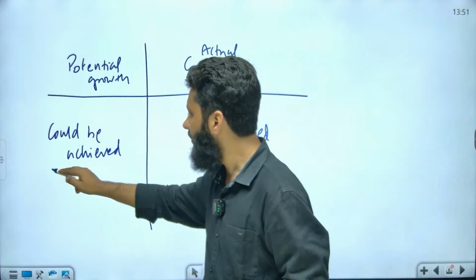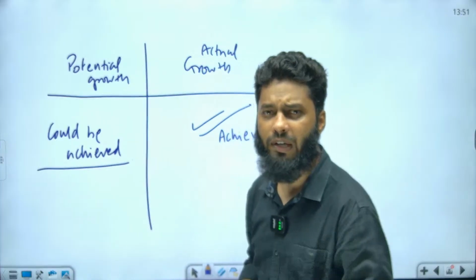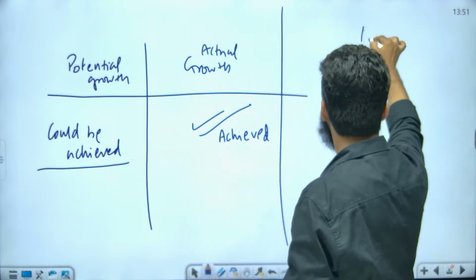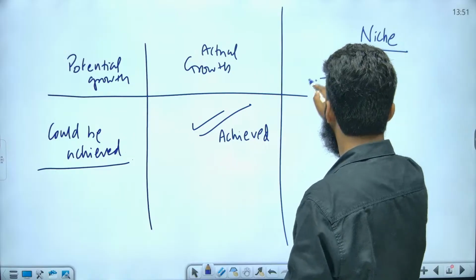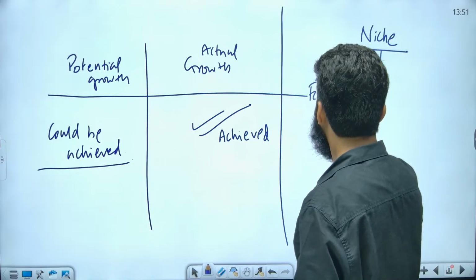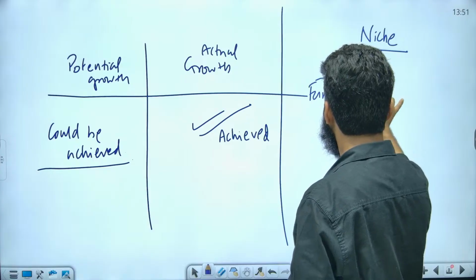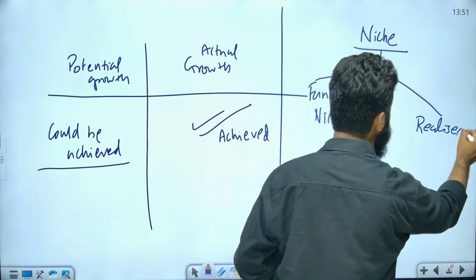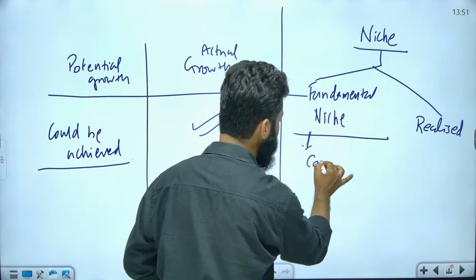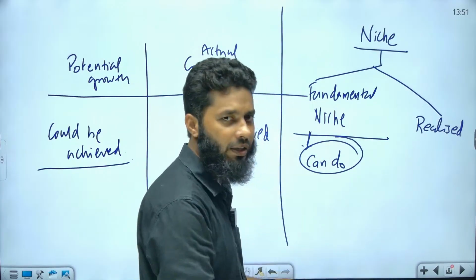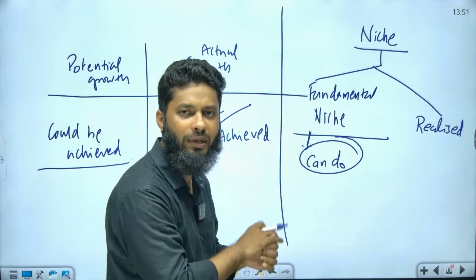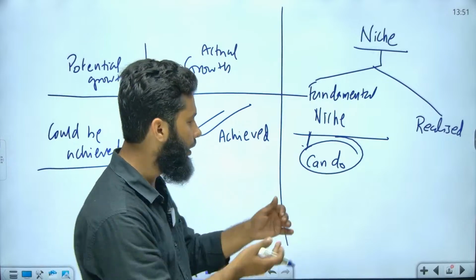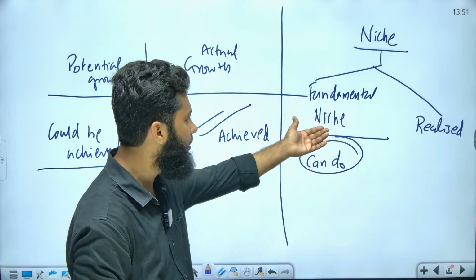Now, for example, if you have studied environment, we have the concept of niche of a species. When we talk about niche of a species, there are two niches: fundamental niche and realized niche. Fundamental niche is what a species can do, what food it can eat, what kind of habitat it will be living in, etc. All everything a species can do is part of fundamental niche.